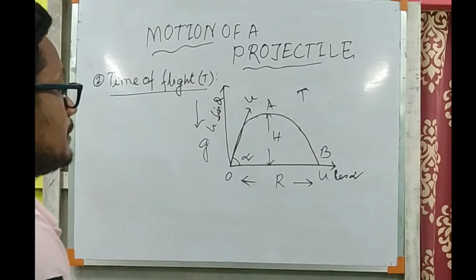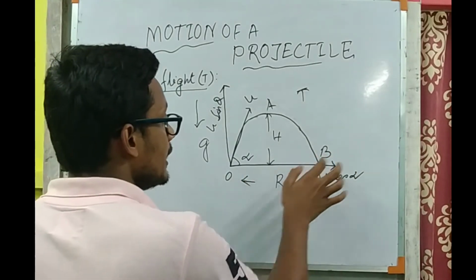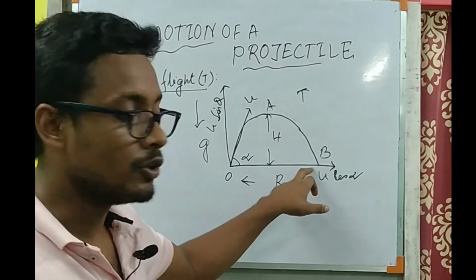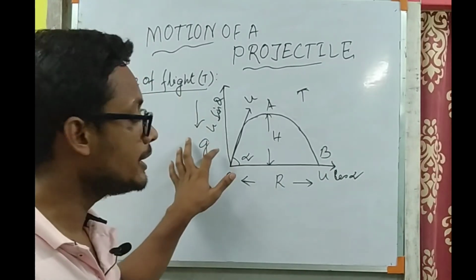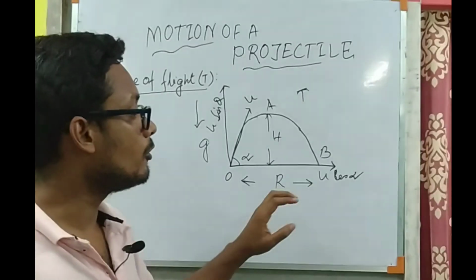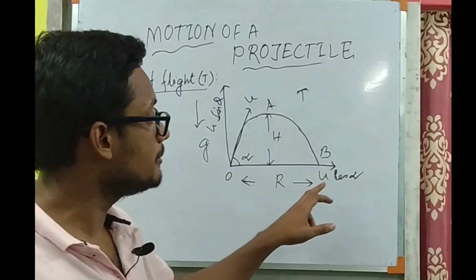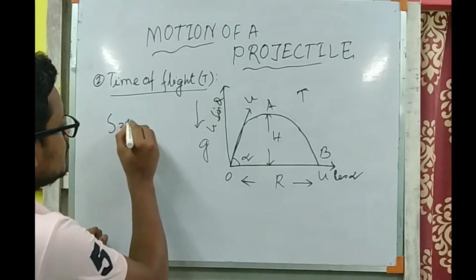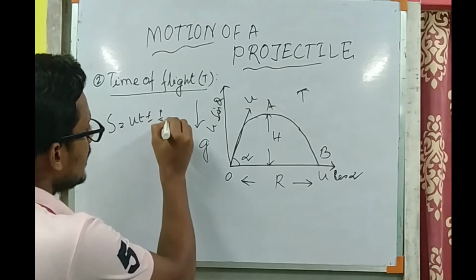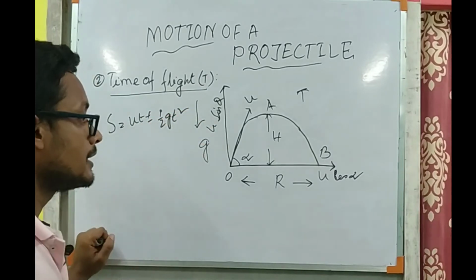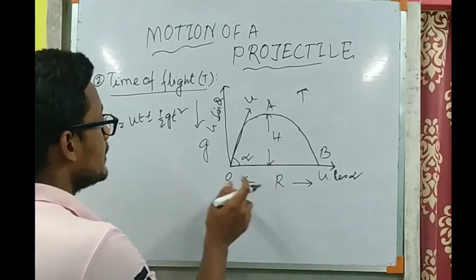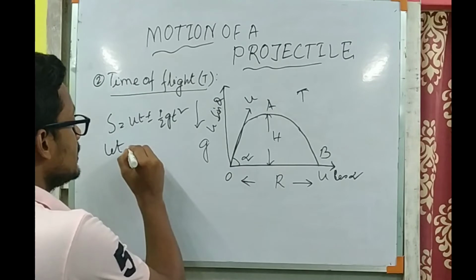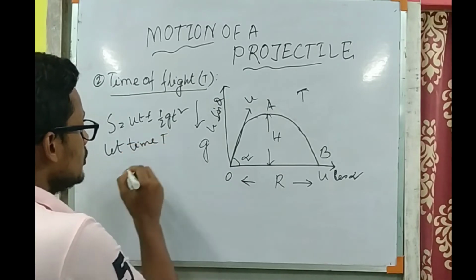Now we will consider the total time taken by the particle to reach from point A to B. Look at the point B. The height at point B is equal to 0. So no vertical component of velocity will act on this. Using the formula S is equal to ut plus or minus half of gt square, let the time taken to cover the distance, that is the time of flight, be t.